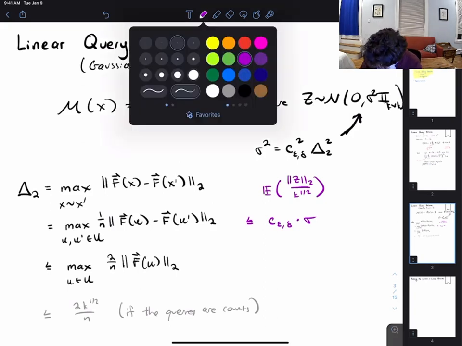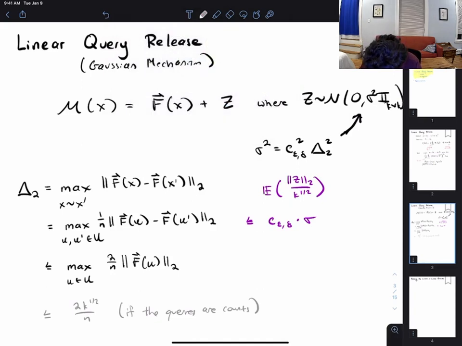Again, if these are counting queries, this is c of epsilon delta times 2 times k to the 1/2 over n. For counting queries, we already knew that we could add noise about square root of k over n times some constants depending on the privacy parameters.